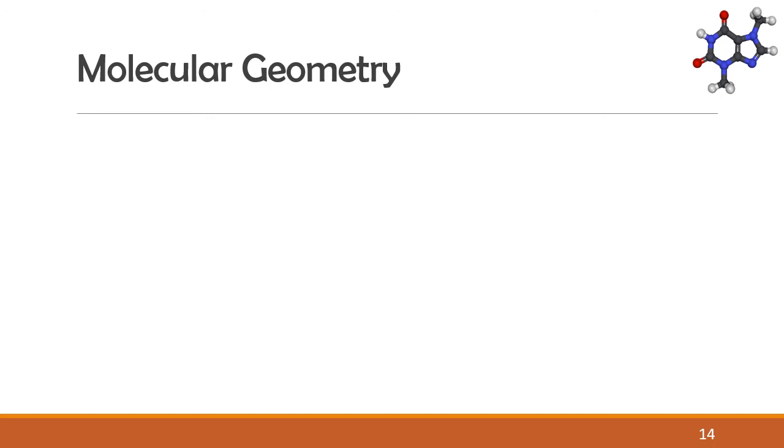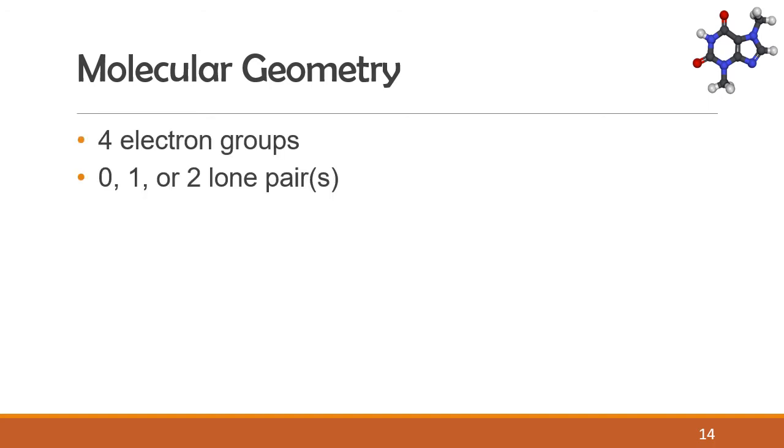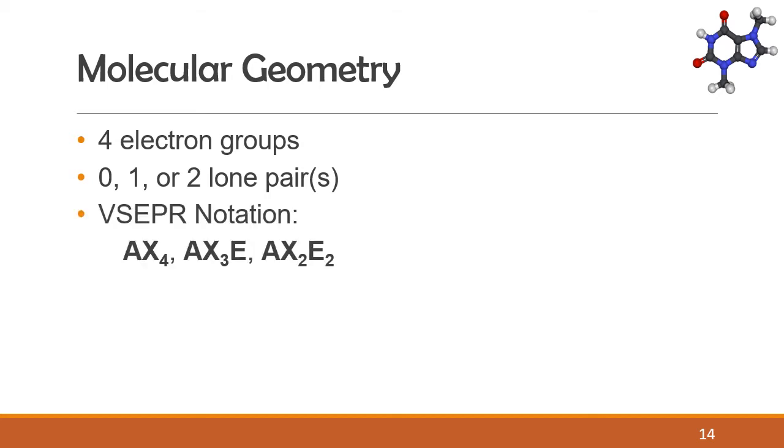A different geometric shape is achieved with four electron groups. The electron groups can be made up of all bonding pairs, three bonding pairs and one lone pair, or two bonding pairs and two lone pairs. The VSEPR notation is AX4 for four bonding pairs, AX3E for three bonding pairs and one lone pair, and AX2E2 for two bonding pairs and two lone pairs.